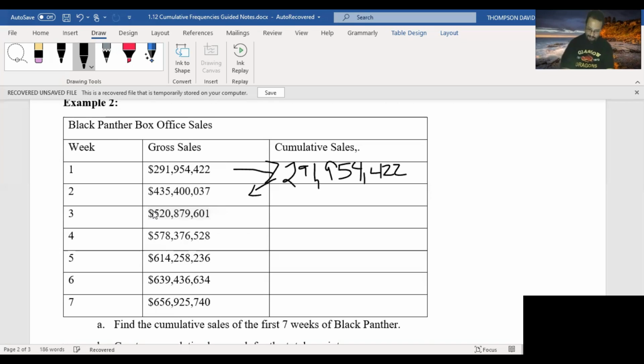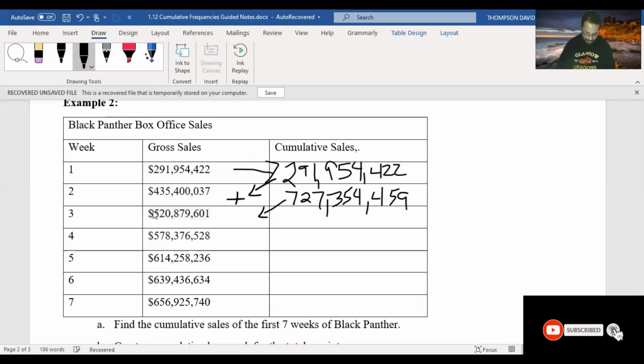Then we're going to add in week 2. So add it all together, 291,954,422 plus $435,400,037. And by the end of week 2, Black Panther has made $727,354,459.